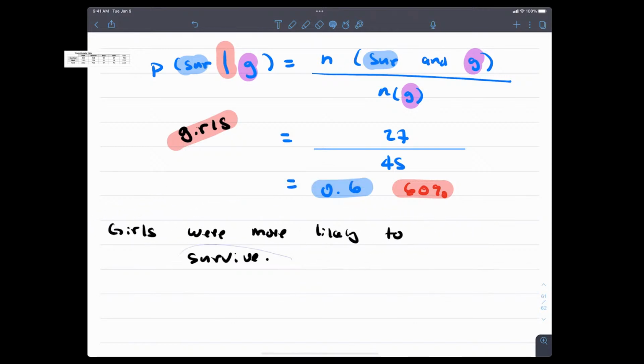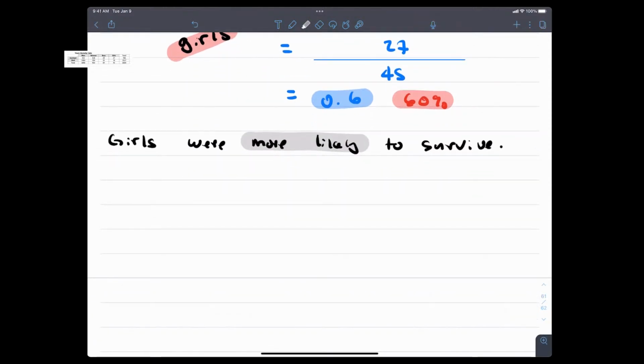So I'm using the definition even of more likely. I'm using the language. And similarly, we can say this another way. We can say the boys were less likely to survive on the Titanic. So the boys were, in fact, less likely.